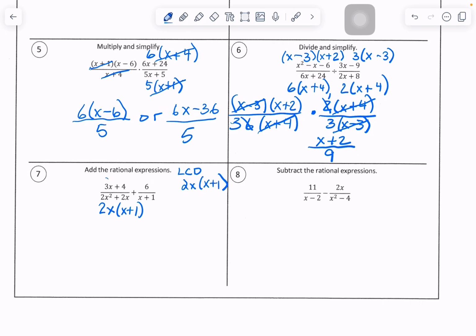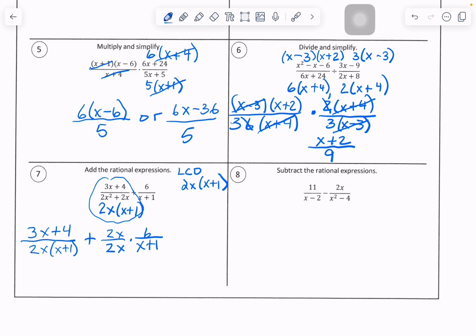Okay, so this first fraction here, you don't need anything multiplied to get that denominator. You already have it. So you can just write 3x plus 4 over 2x times x plus 1 plus, now the other one is missing the 2x. So we're going to take 2x over 2x and multiply by 6 over x plus 1.